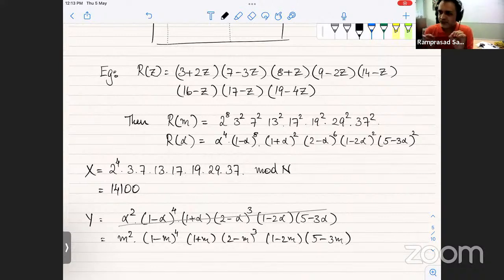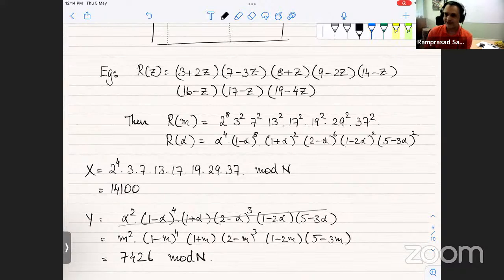The reason I'm doing this is that mentally, modulo n, alpha and m are not very different. They satisfy the same relations, because we chose m such that m also satisfies f of m equals 0. If you actually calculate what this is, this turns out to be 7426 mod n.